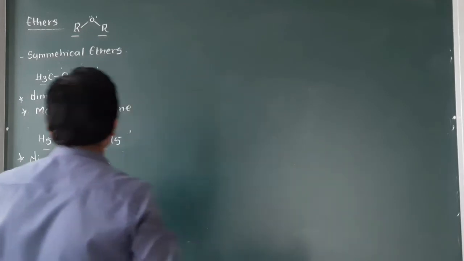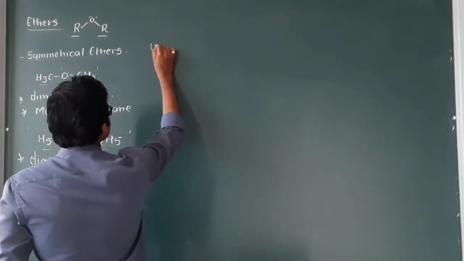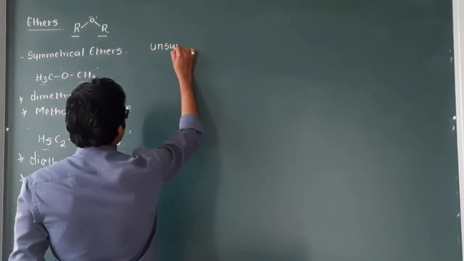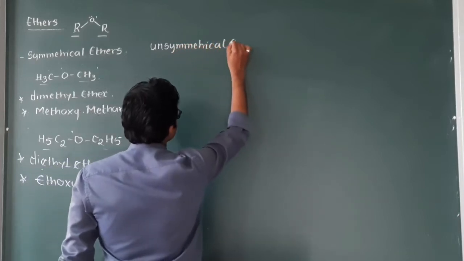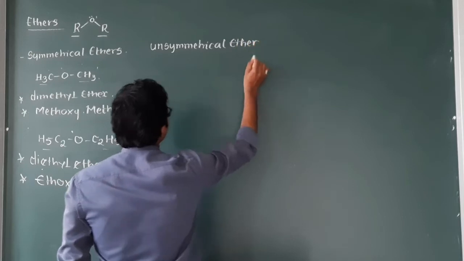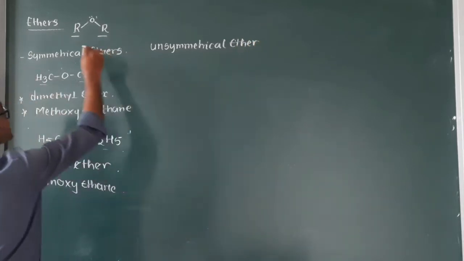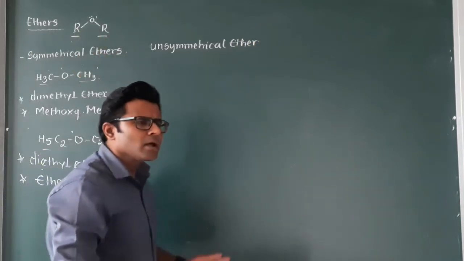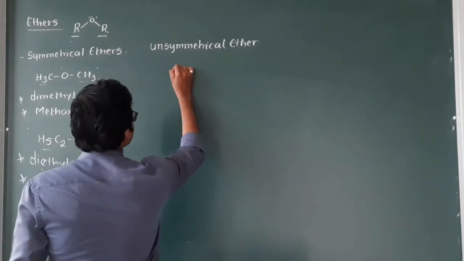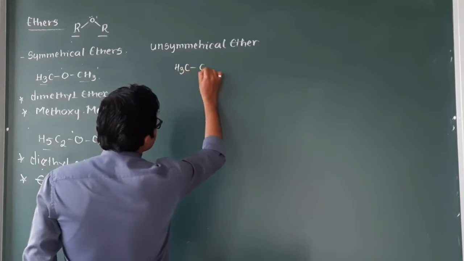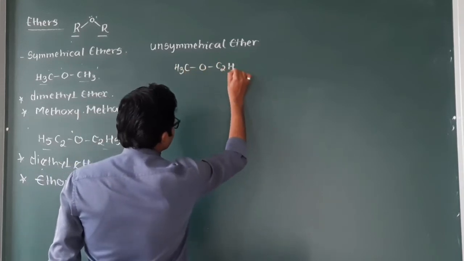On the other hand, if we take a look at unsymmetrical ethers, both these alkyl systems are not going to be the same. Example, let's take CH3OC2H5.